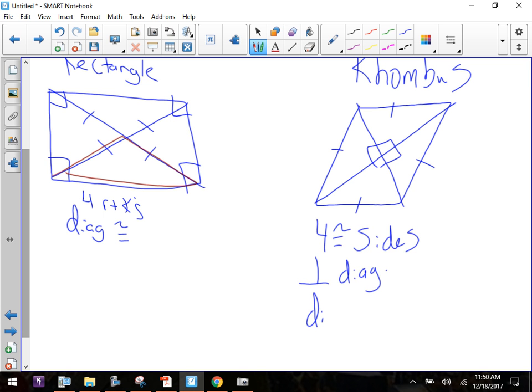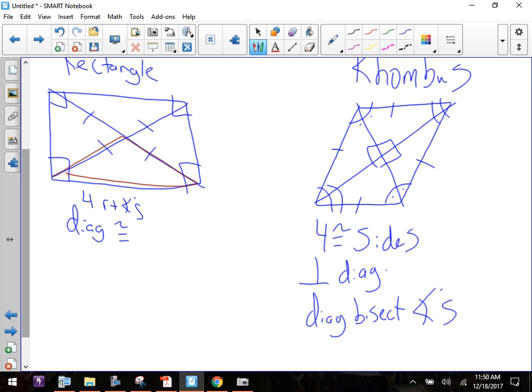And the last part of that is the diagonals bisect the angles. So in all of your base angles, these 2 are going to be the same, and those 2 are the same.